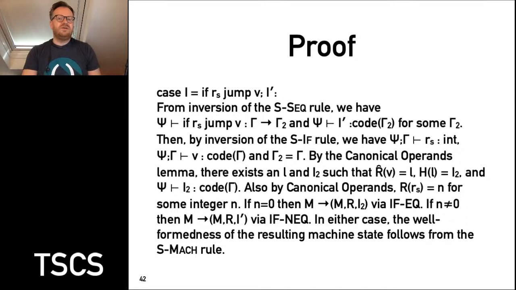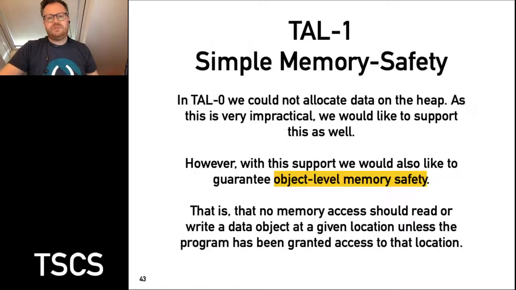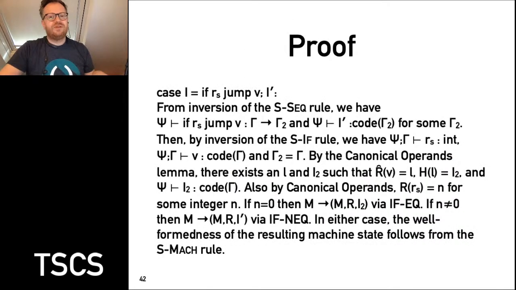So in either case, you can take the well-formedness rule for the resulting machines, which follows from the S machine rule, because you don't have any change. You just have rewrites. Good. Okay, quick over this proof, very quick. Sorry for that. But as you can see, it's very mechanical.